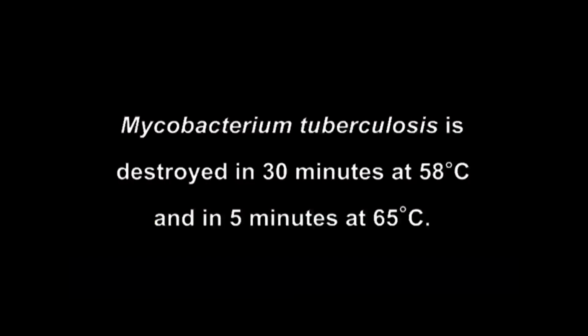But if we increase the temperature from 58 to 65 degrees centigrade, the time reduces from 30 minutes to 5 minutes. If we further increase the temperature to 72 degrees centigrade, it takes only a few seconds to kill the entire microbial population.